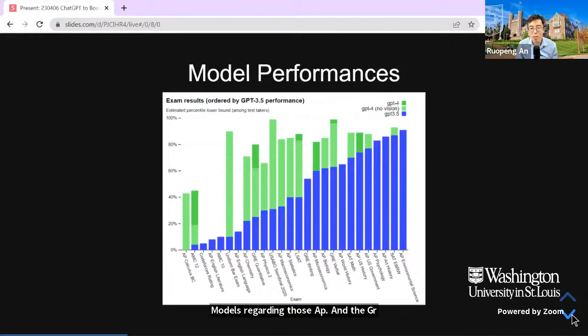And we can see that the GPT-4 model achieved much higher capacity in comparison to the GPT 3.5 model. Okay? And usually the accuracy rate is above 80%, sometimes almost achieving 100%.